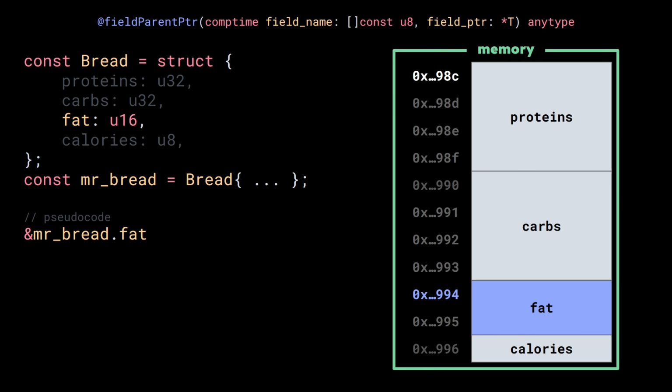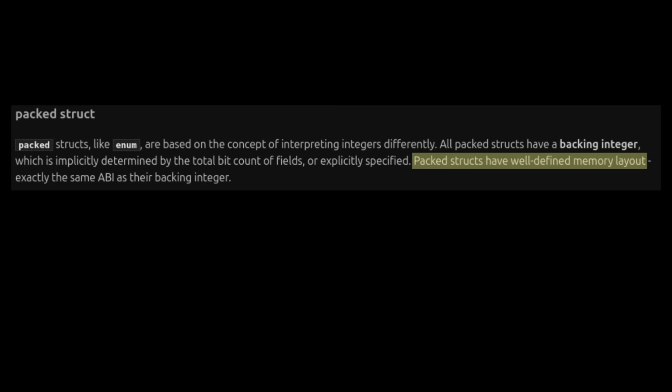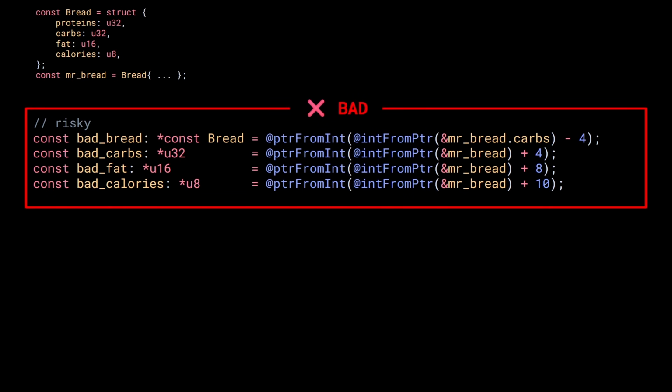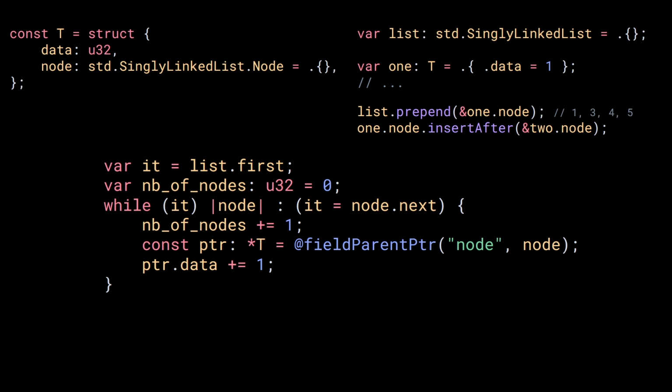So if we know the address of a field and its offset, then we can deduce the address of the struct. But unlike C or C++, Zig doesn't make any guarantee about the memory layout, so unless you're using a packed struct or an extern struct, you shouldn't try to guess the field's order and offset, but instead use @fieldParentPtr or @offsetOf.